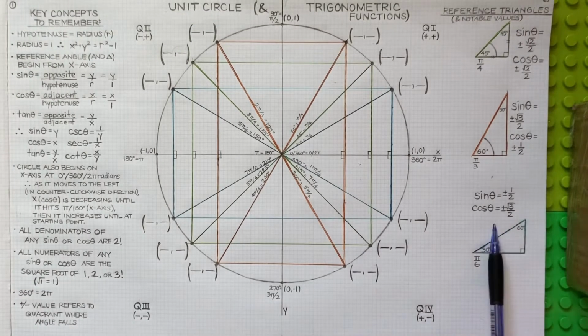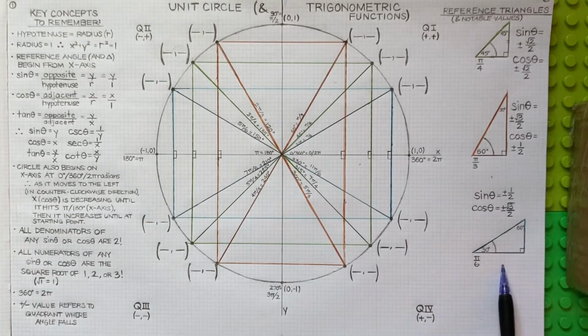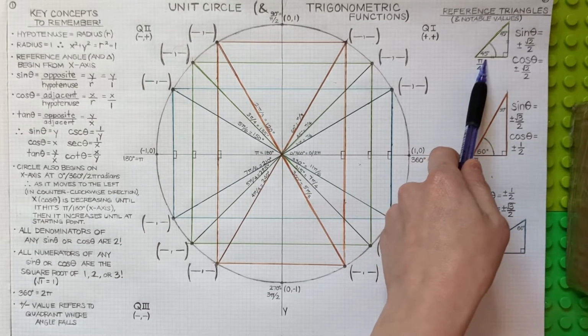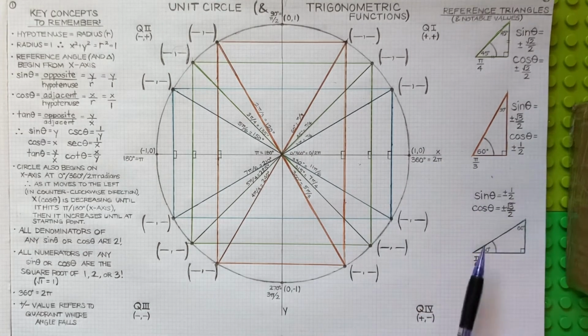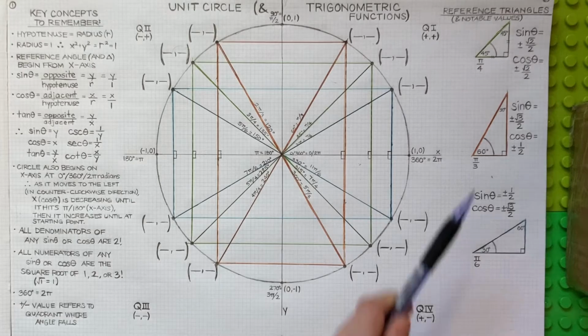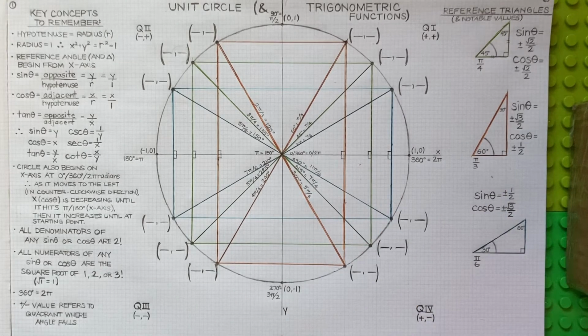Now, over here on the right side of the page, I have the 3 different triangles that we will be referencing. The 45-degree right triangle, the 60-degree right triangle, and the 30-degree right triangle. Now, the 30, 60, 90 triangles are essentially the same triangle.